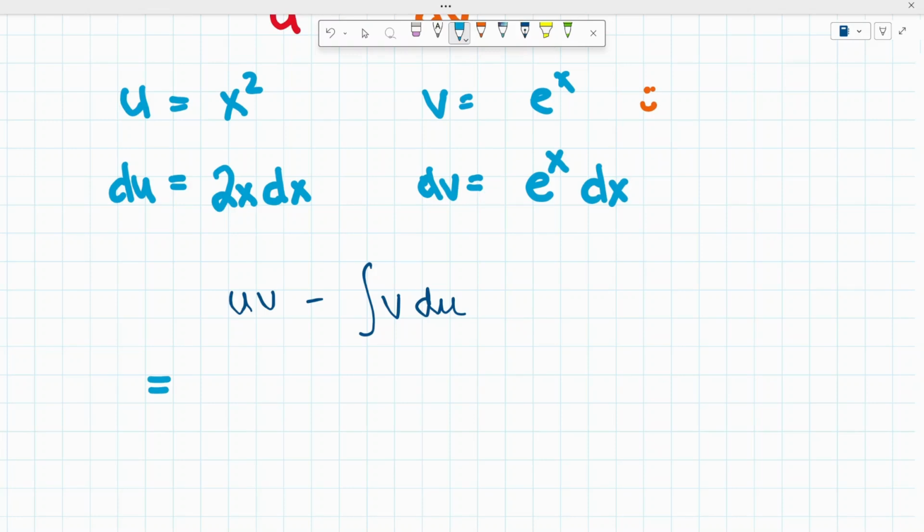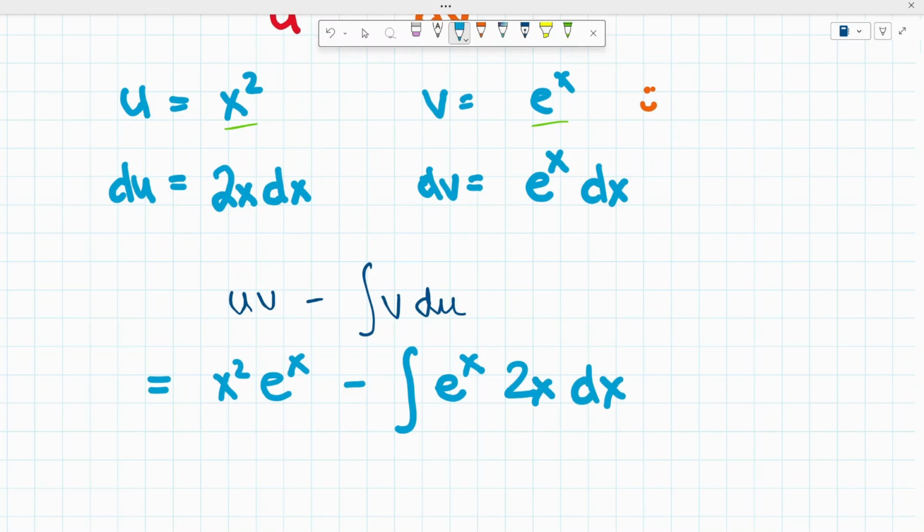Our u we get from here, so we've got x squared multiplied by v, which is e to the x, minus the integral of v, which we already found was e to the x, times du, which is 2x and then dx, because we are integrating with respect to x.